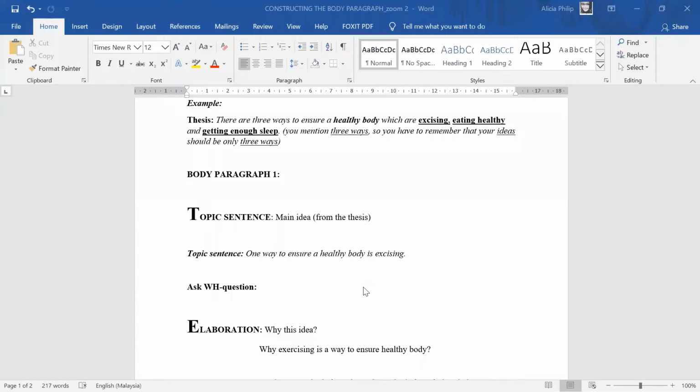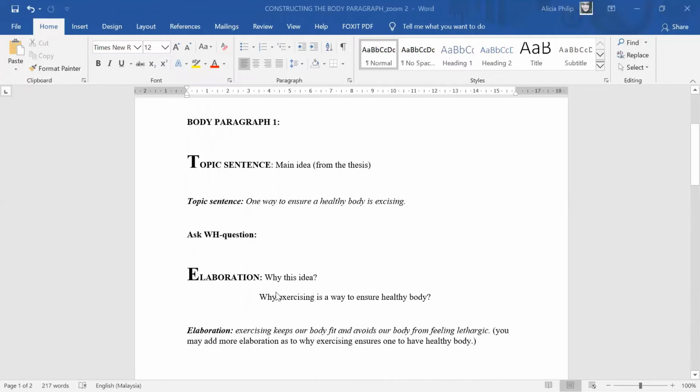And then how do we elaborate? Sometimes we get stuck after writing the topic sentence and don't know how to elaborate. My suggestion is to ask a WH question. So you're going to move on to elaboration.